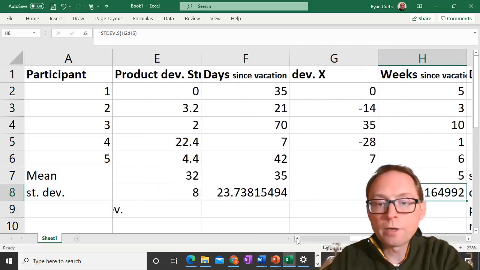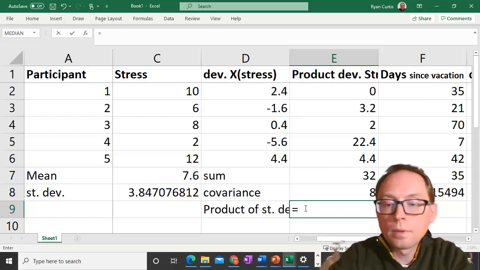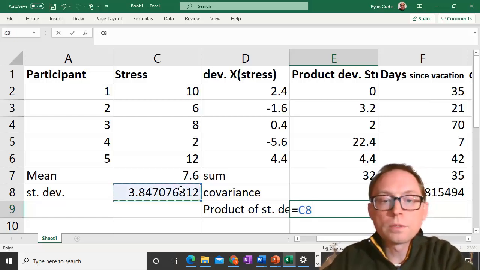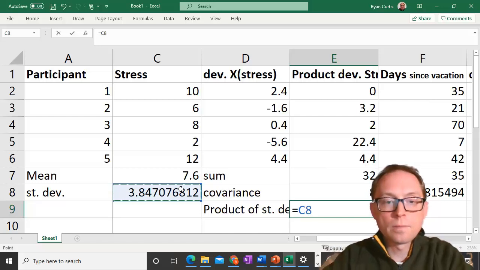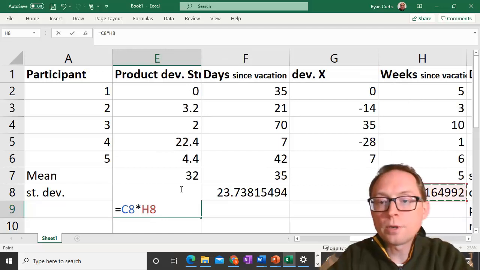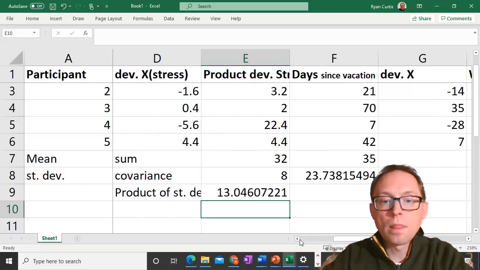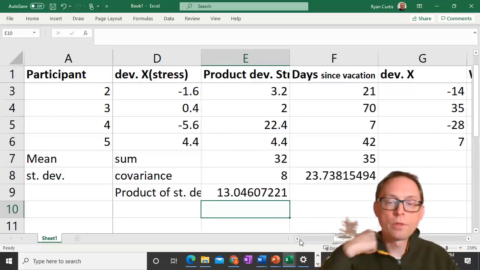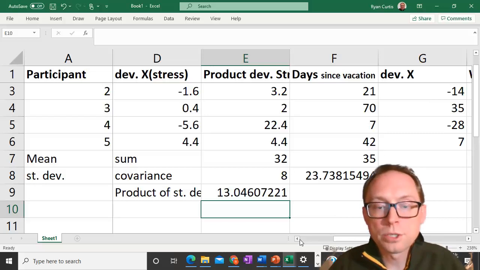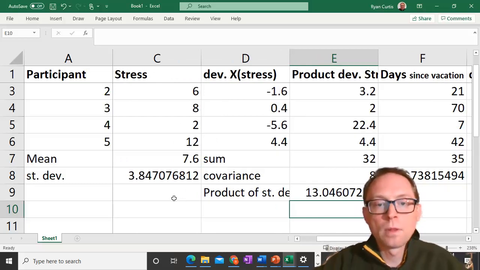We need the product of those, which equals the standard deviation for stress times the standard deviation for weeks. That's going to be 13.046.